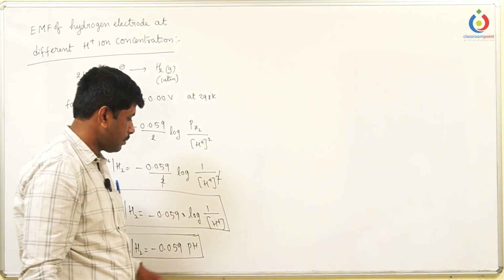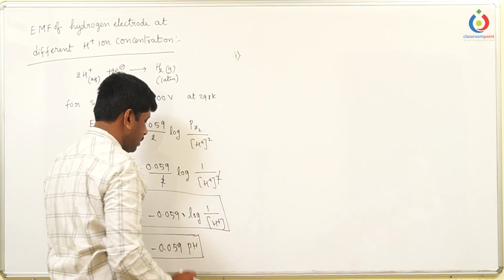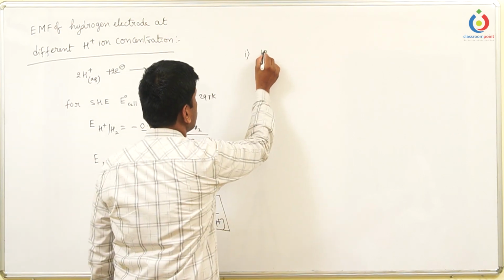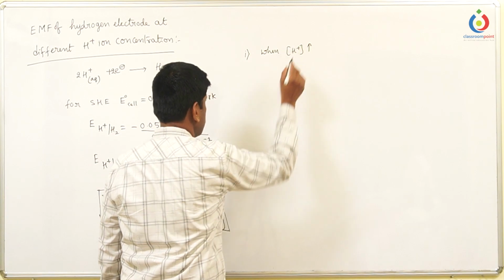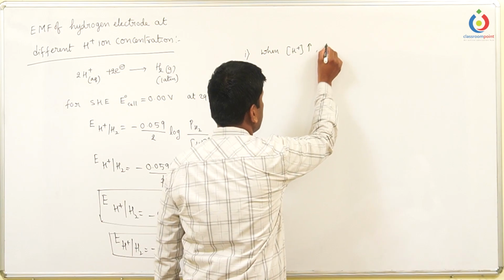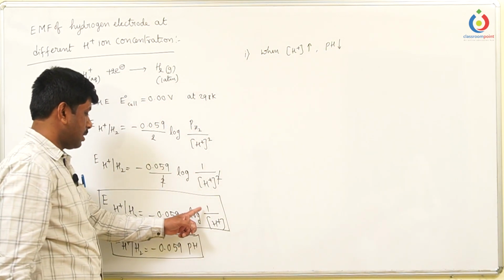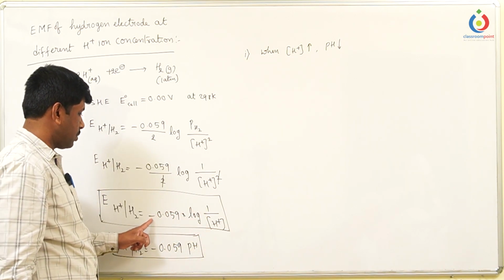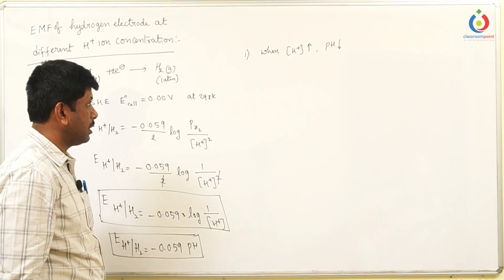From this it is clear, so let us apply two conditions. When the concentration of H plus ion increases, we know that the pH value decreases. The value of pH gradually decreases. So when the concentration of H plus ion increases, log of H plus ion, here a positive value, also increases, so the pH value decreases.